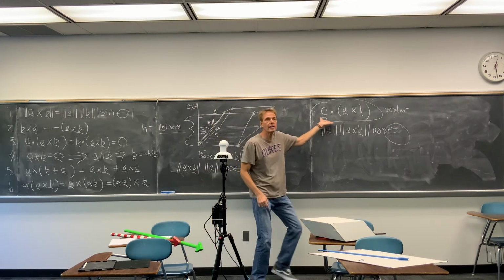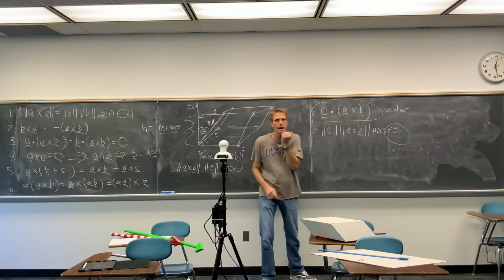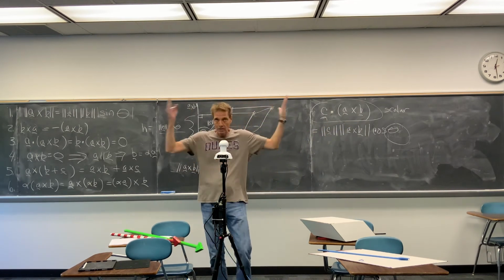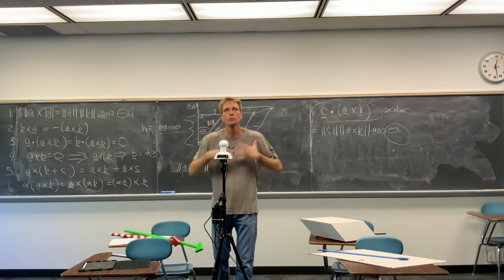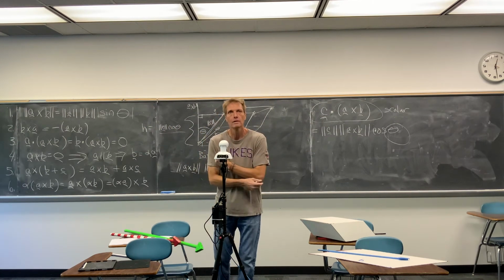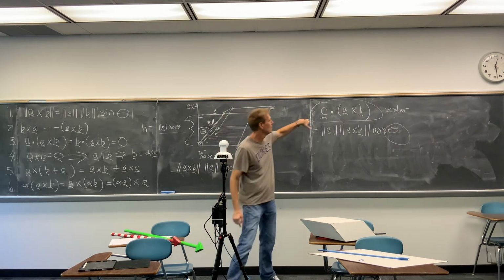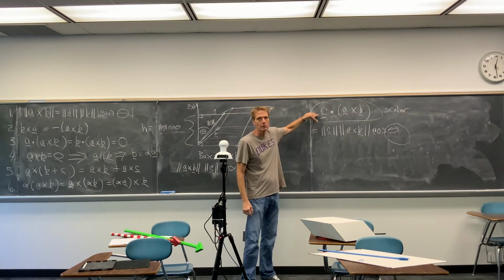The volume of the parallelepiped. The volume of the parallelepiped that naturally falls from the geometry of having three vectors.